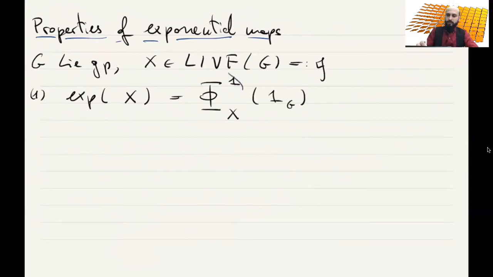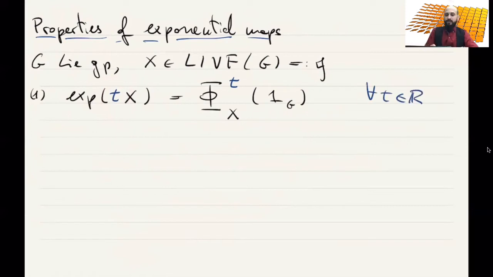Now I will put time t, and put a t in here. So now this will be true for all t in R.